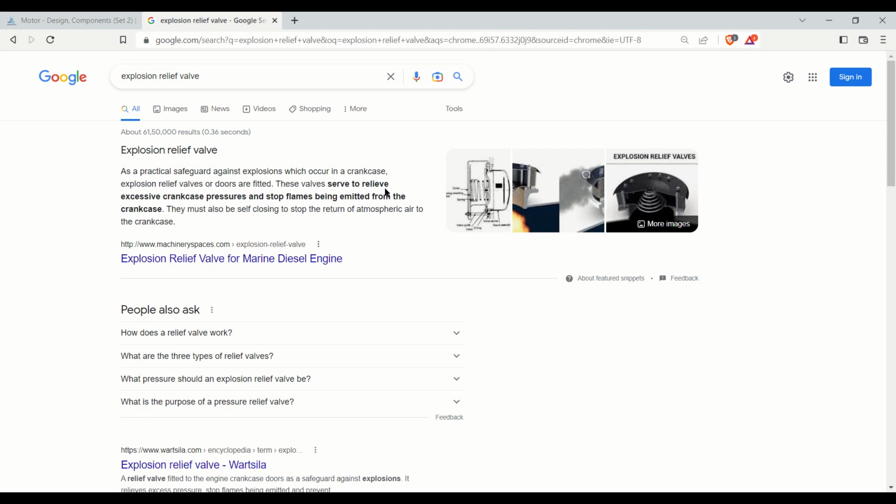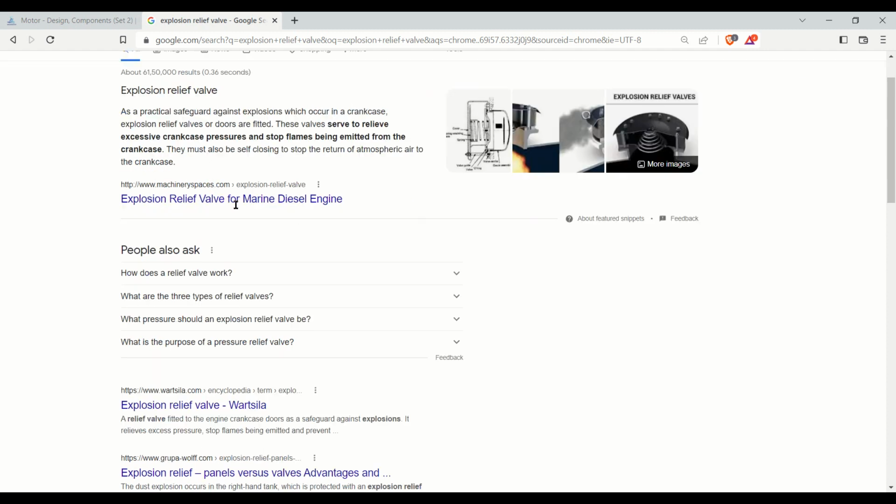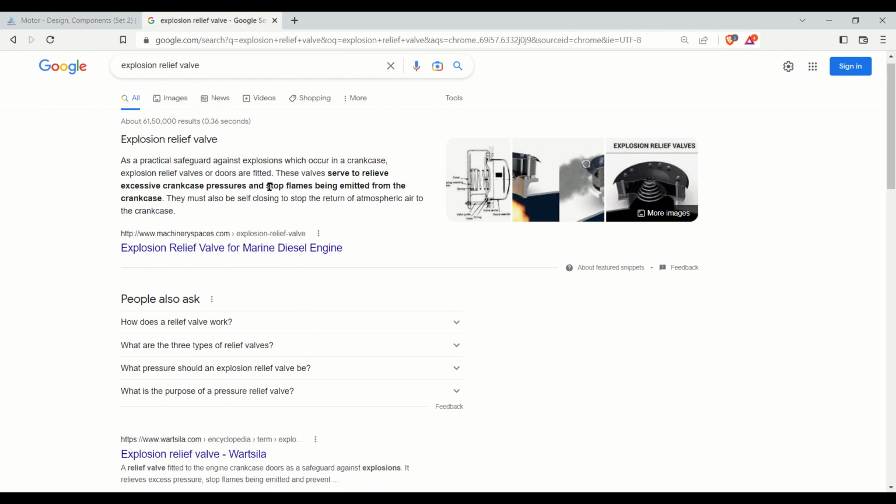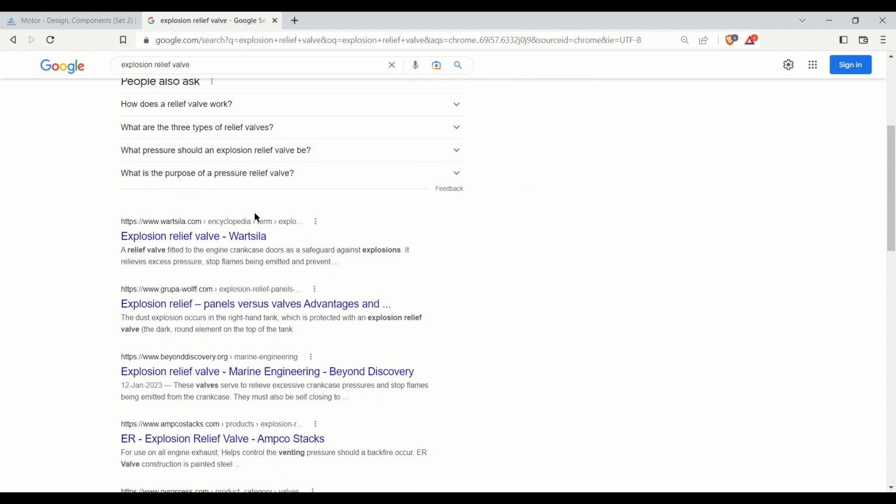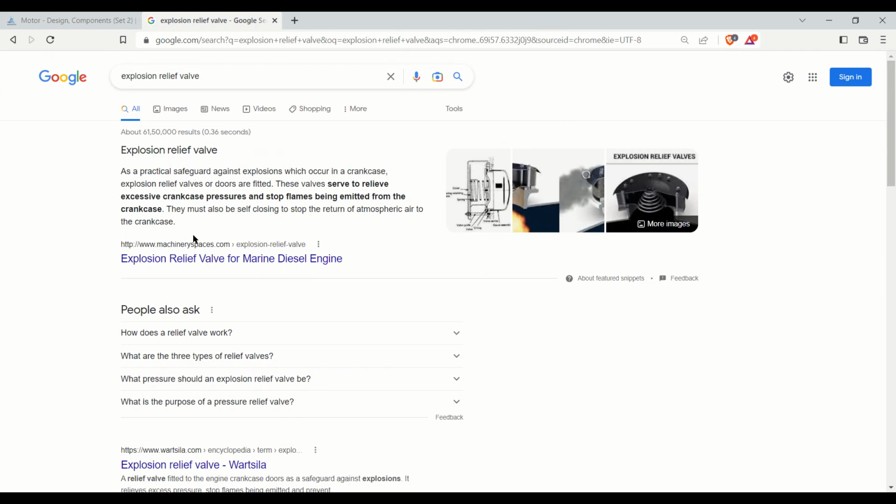These valves serve to relieve excessive crankcase pressure and stop flames being emitted from the crankcase. Yes, it is fitted in the crankcase and it protects from the crankcase explosion, relieves excessive crankcase pressure and stops flames from being emitted from the crankcase. Thus it is a safety device for the crankcase.